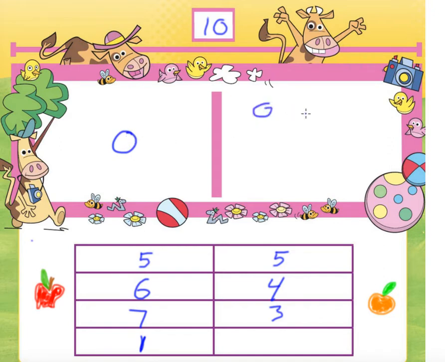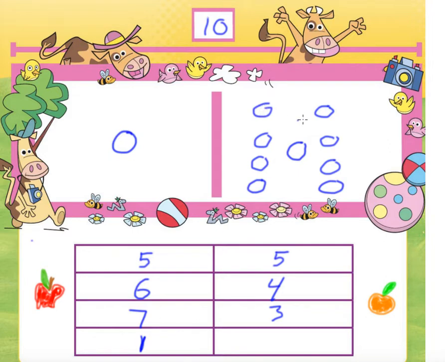Ready? 1, 2, 3, 4, 5, 6, 7, 8, 9, and 10. So I stop because I counted all the way up to 10.